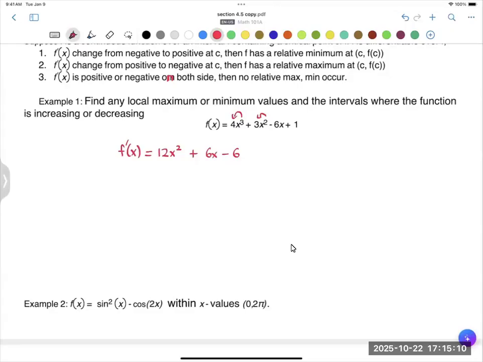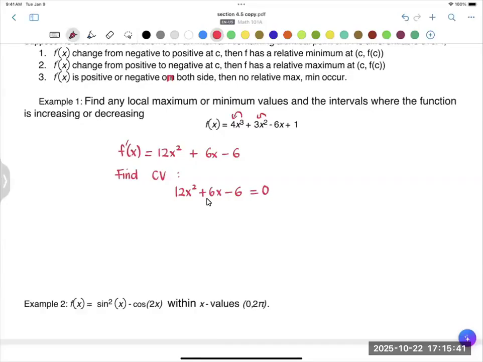Okay, so when you have the derivative, we're going to have to find the critical value, or CV. To find CV, we just set f prime of x equal to 0, just like what you learned in class. So it's going to be 12x squared plus 6x minus 6 equals 0.